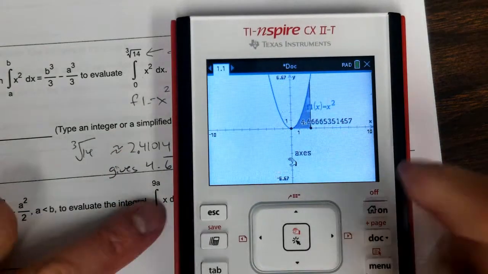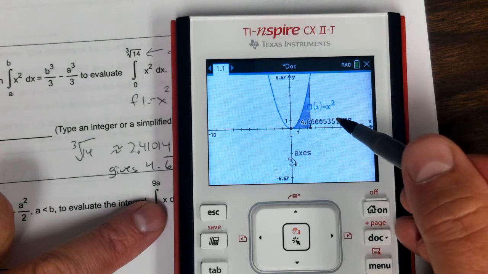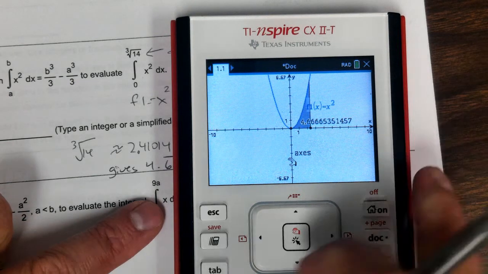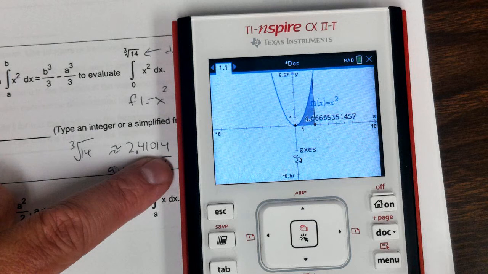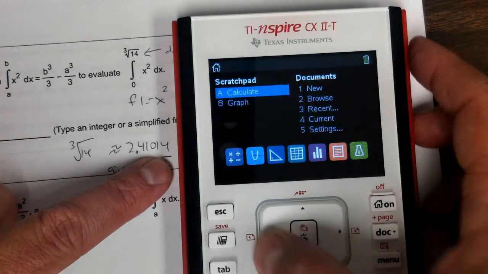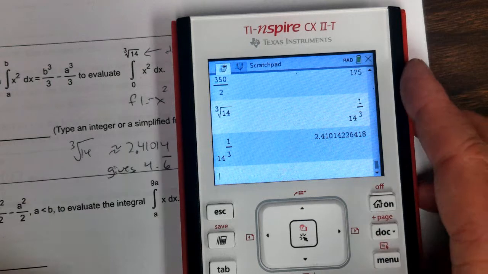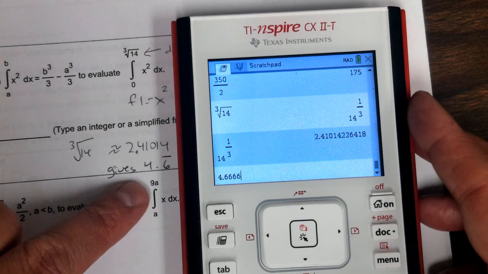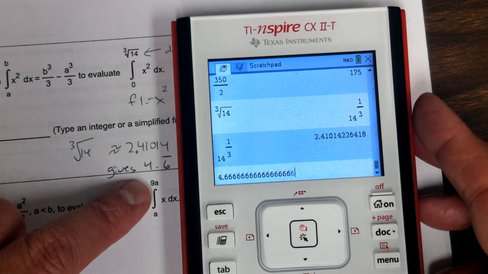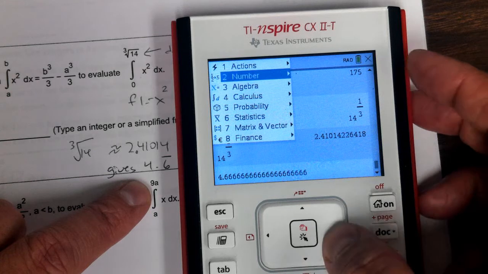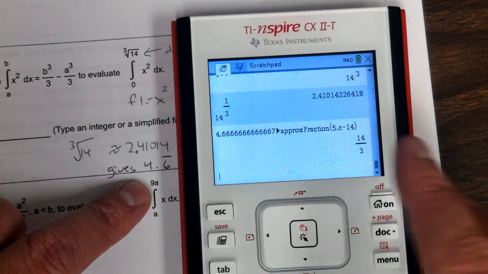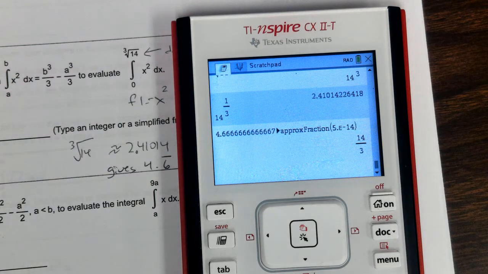I mean, you do have to realize these other numbers are not accurate because I only put a few decimal places here. But if you just use your mind and put a bunch of 6s here halfway to the screen and then approximate that to a fraction, it worked.